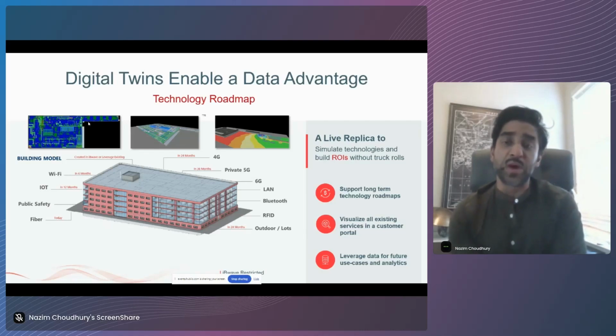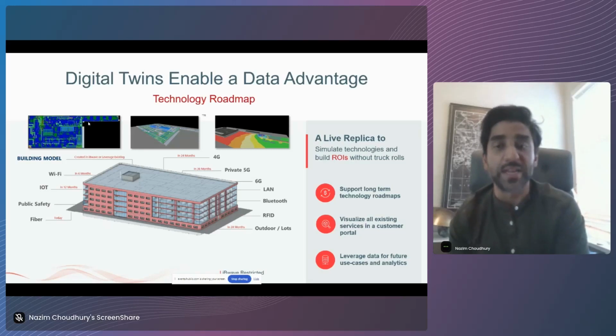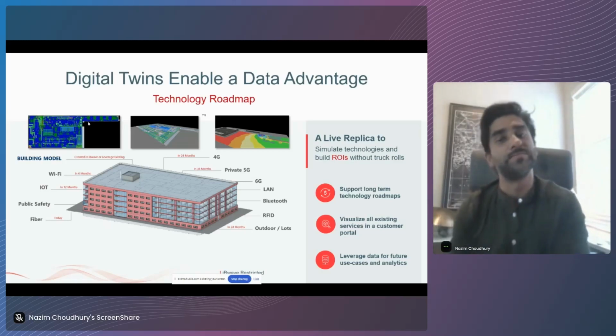And obviously a key requirement for that is to continuously keep your building, your BIM model, your design up to date with the technologies that are there and that are running. So if I have Wi-Fi today, I want to know the implications of adding maybe 5G or LTE in the outdoor environment.